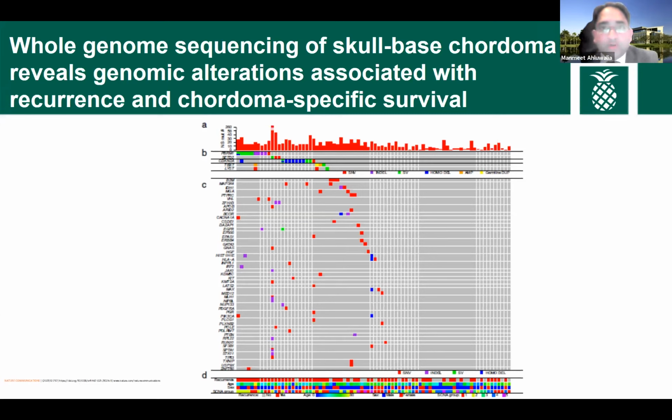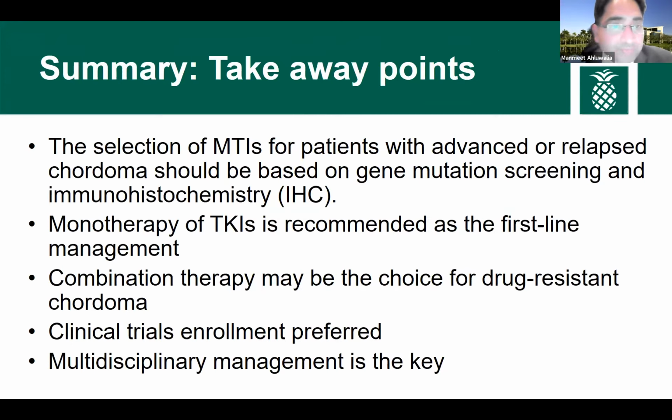This is actually leading to trials. We are talking to a company as well, which actually has a CDK4/6 inhibitor, and we are looking at doing a study with them. So some of the summary or takeaway points is there is selection of these multi-tyrosine kinase inhibitors for patients who have advanced or relapsed chordoma, which I think would make sense with looking at DNA and RNA transcriptome data.